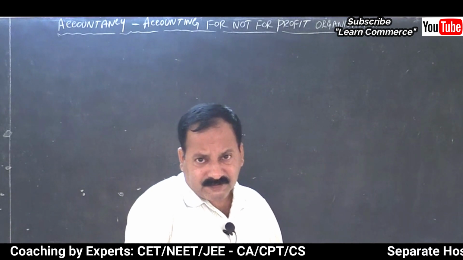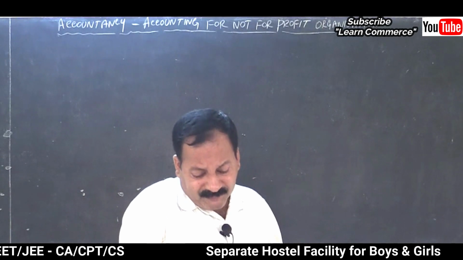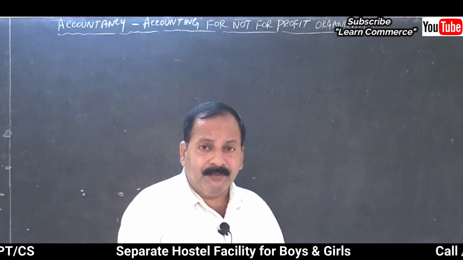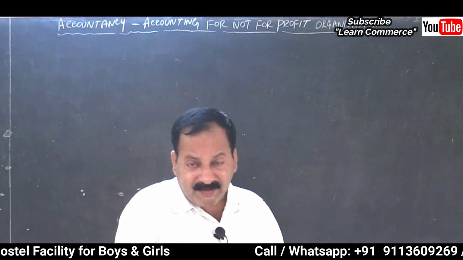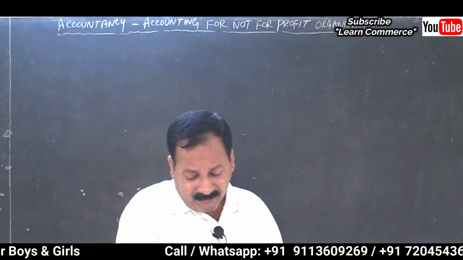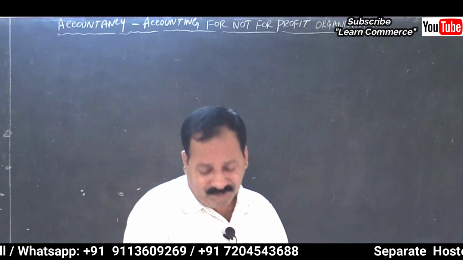Where will you enter this? No, only the loss on sale should be debited to income and expenditure account because 300 rupees whatever we lost should be debited to income and expenditure account and 2,300 should be deducted from the books in the balance sheet. Remember, friends.